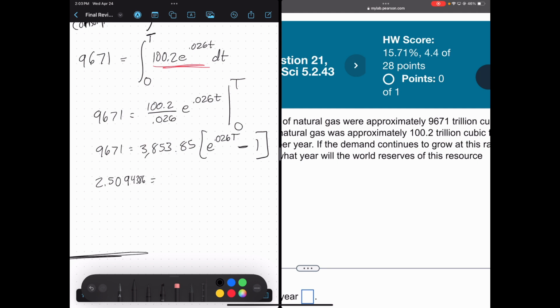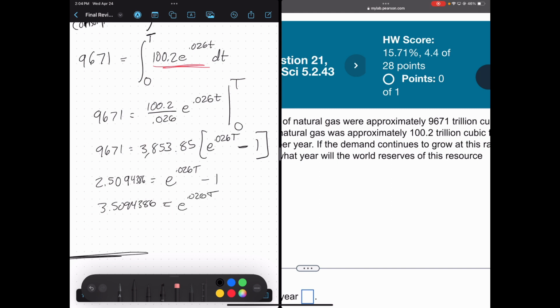I'll stop there. e to the 0.026 capital T minus 1. What would I do next? Add 1 to both sides. I get 3.509438 equals e to the 0.026 capital T.